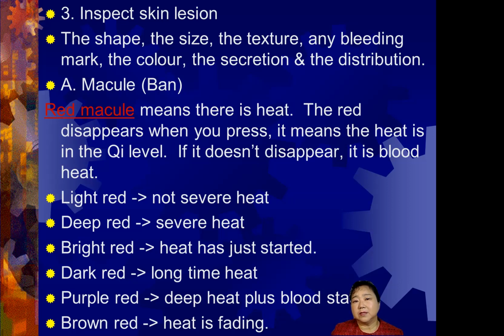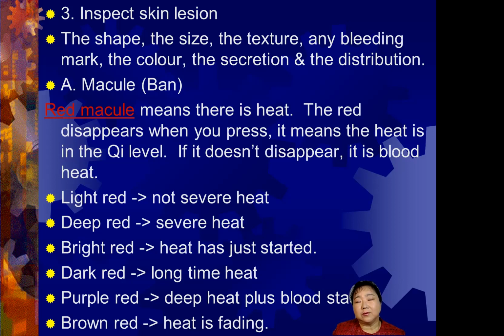Red means there's heat. If the red disappears when you press, it means the heat is in the qi level. If it doesn't disappear, it is blood heat. When I just started to practice, I only remembered this in my head.